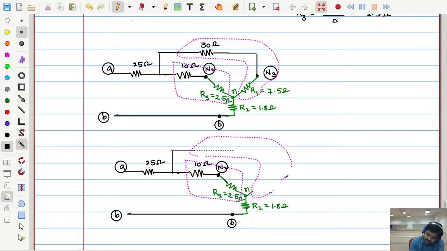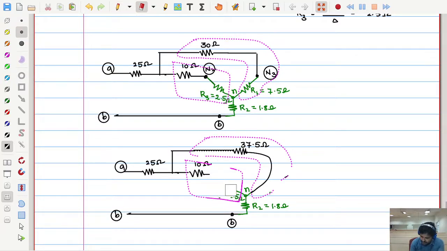That must be connected between the same corresponding nodes. So this is 37.5 ohm. What about the other? 10 plus 2.5, so this is 12.5 ohms. Where should it connect? It should connect between N and this corresponding node. This one is, I think, N1 node, right? This one is N1 node.